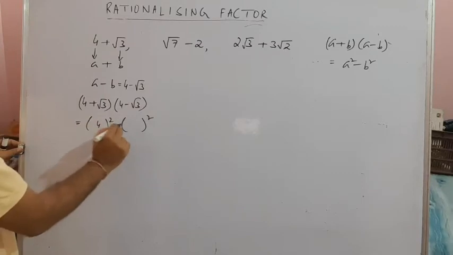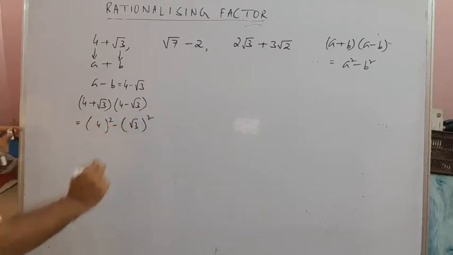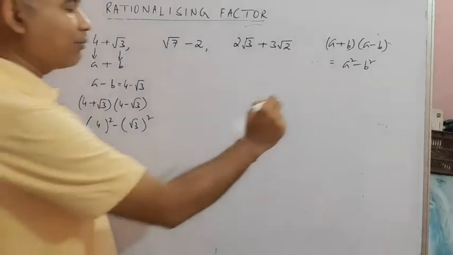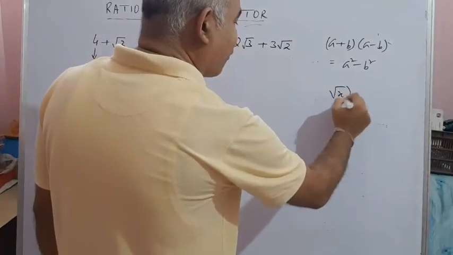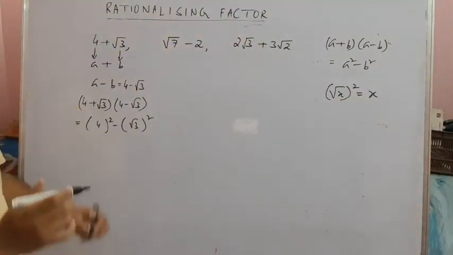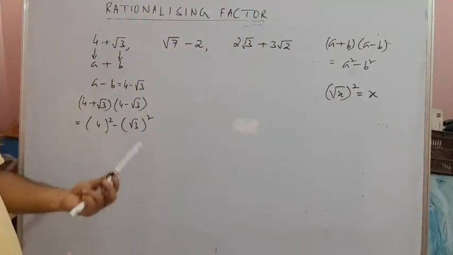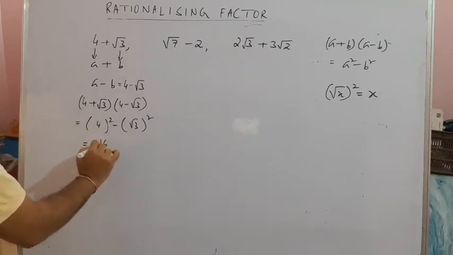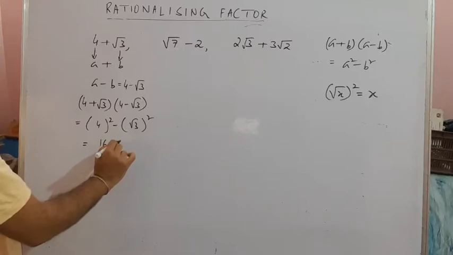A is 4, b is root 3, so 4 square minus root 3 square. So whenever you square something under root sign, the root sign removes, and as the root sign removes, it becomes rational. When I square 4, it is already a rational number, not a problem, but when I square root 3, it becomes 3.